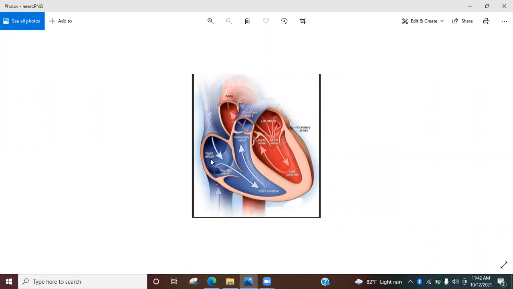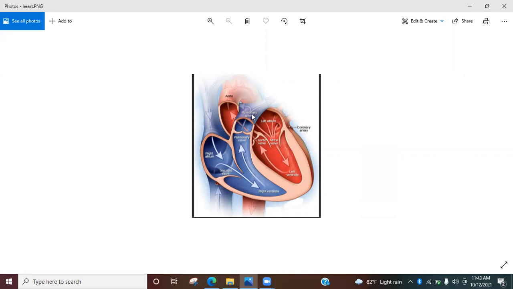Both are coming to the right atrium with deoxygenated blood. This deoxygenated blood is transported through the tricuspid valve to the right ventricle and goes to the pulmonary artery through the pulmonary valve or semilunar valves.